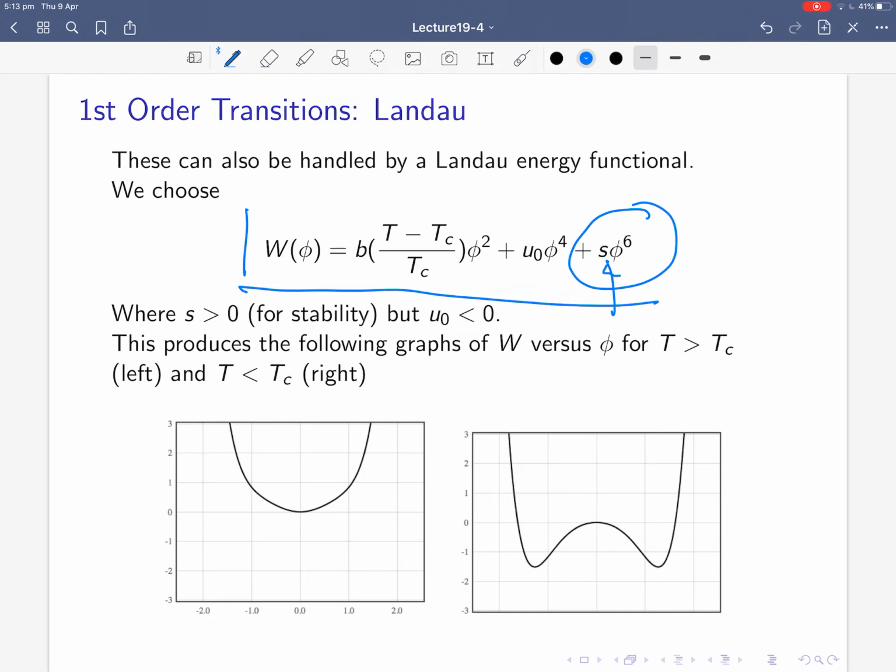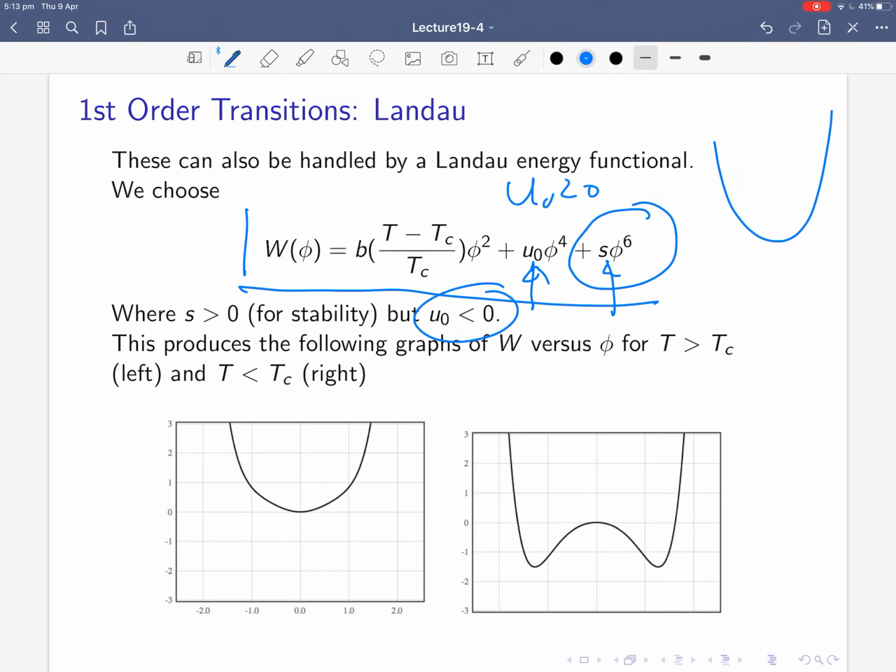We're going to get something at large values of the order parameter which actually goes up. However, unlike in the second order case, the coefficient of the fourth order term will be less than 0. So u₀ is less than 0, and the coefficient of the second order term looks exactly as it did before.